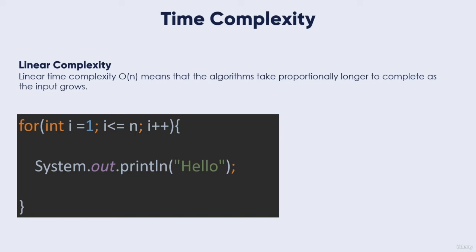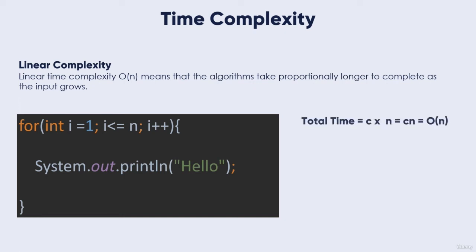As the n value increases, the executed statements increase. And this means that the algorithms take proportionally longer to complete as the input grows. So printing 1 million messages is greater in time than printing this message like 10 times, okay? So this is the linear complexity.